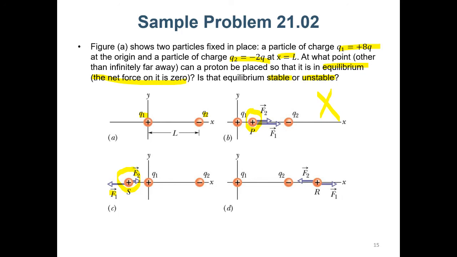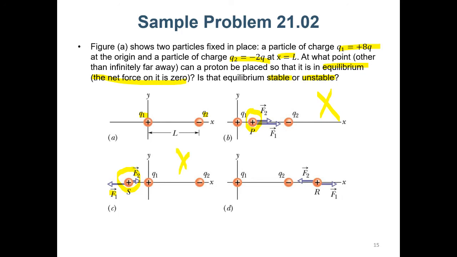The answer is no, because Q1 is larger. Actually the absolute amount of Q1 is 4 times larger than Q2, which means that F1 is always larger than F2, because not only is closer means larger force, but actually the amount of the charge is also larger. They can't add up to be 0. So we also reject these cases.